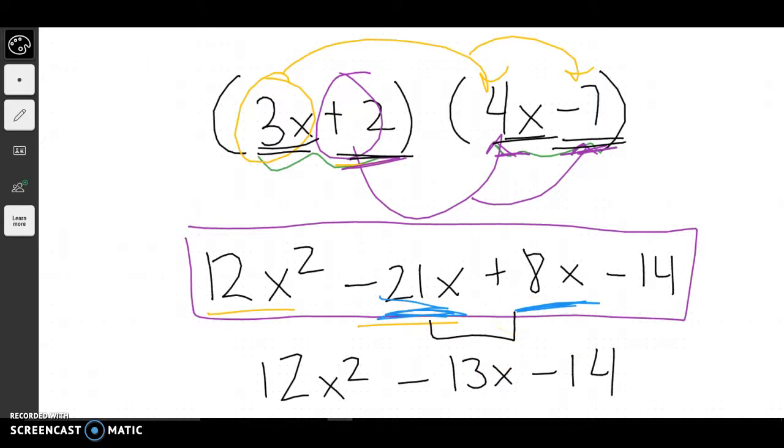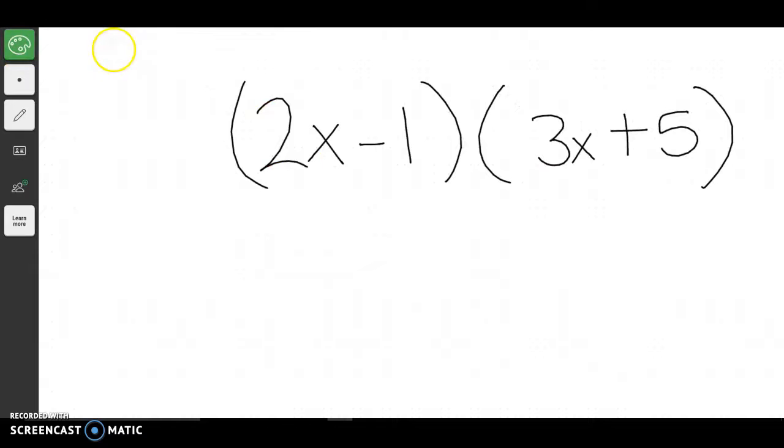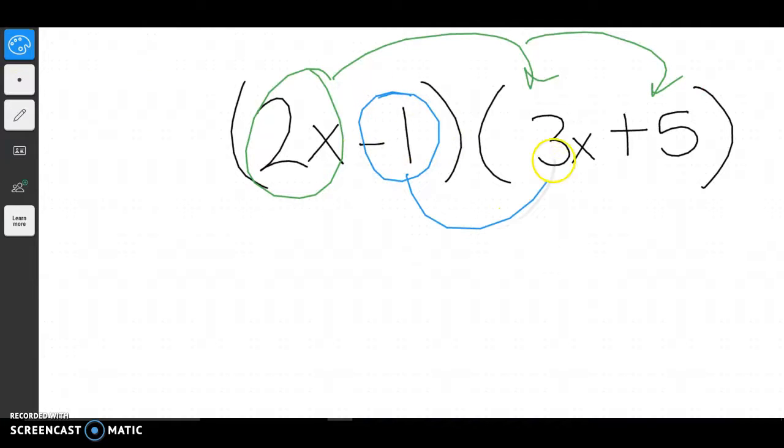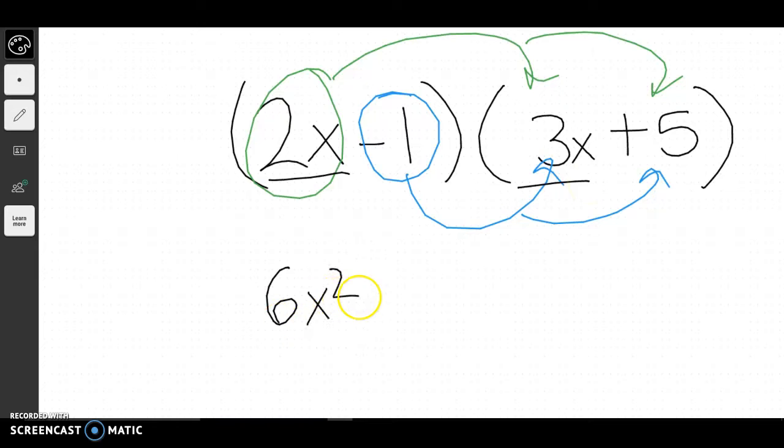Let's try one more. Again, this time we're going to distribute, because I have two numbers, I'm going to have to distribute twice. So we'll have to distribute not only the 2x, but also the negative 1. When I do 2x times 3x, I'm going to get 6x squared. When I do 2x times 5, I'm going to get 10x.